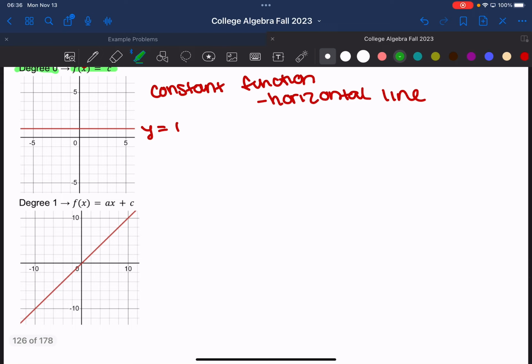The next function, we have f of x is equal to ax plus c. This is what type of function? Remember the name? It forms a straight line, so this is a linear function.